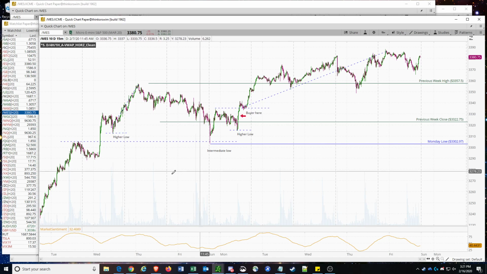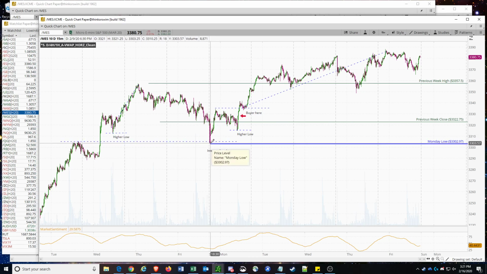So looking at ES here, this looked like a pretty darn good setup. So where are your targets? Larry would say your targets would probably be from this pivot to the next into your high.